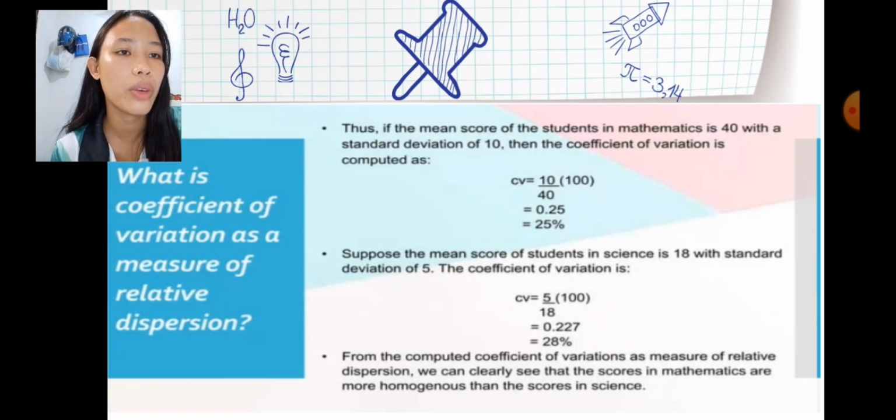If we make it a percent, 0.25 is equivalent to 25%.